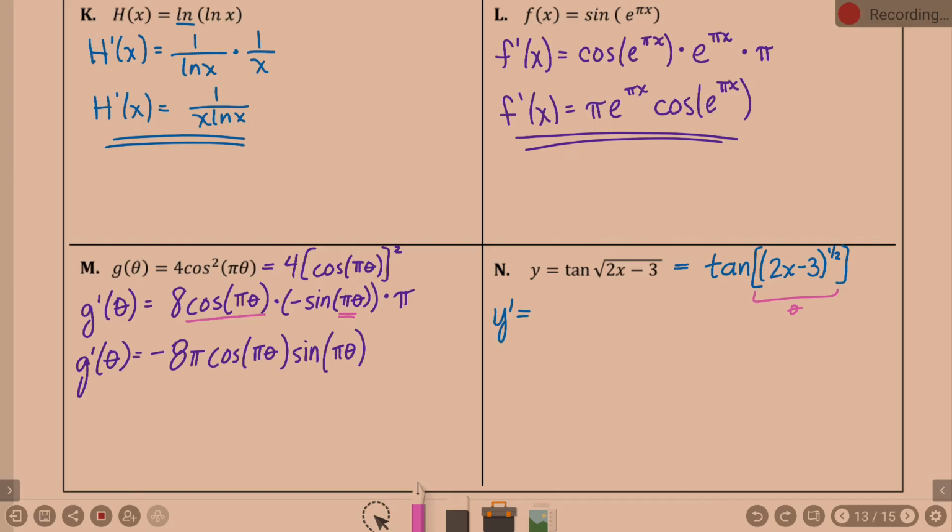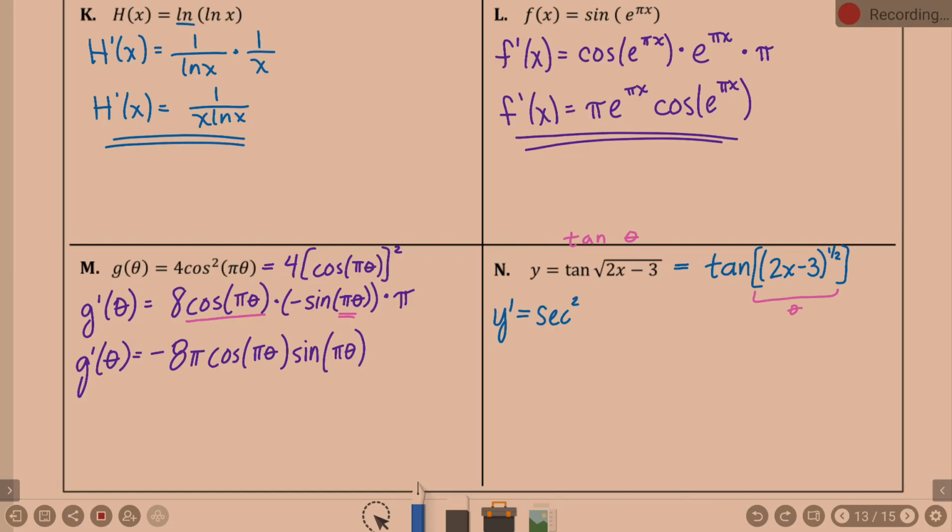Gotcha. So you're thinking of this as tangent of theta. So you're starting with the derivative of tangent of something, which is secant squared of something, except secant squared of 2x minus 3 to the 1/2.